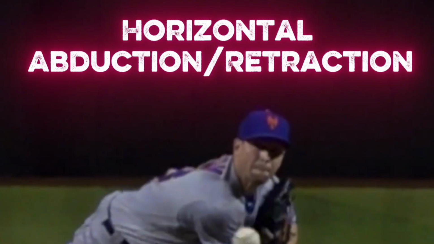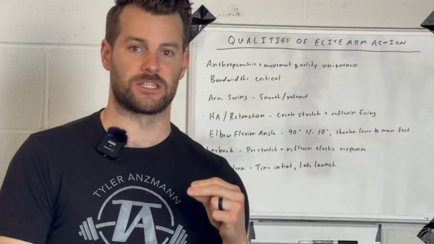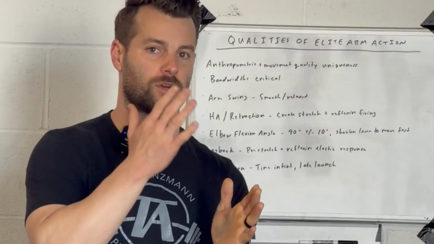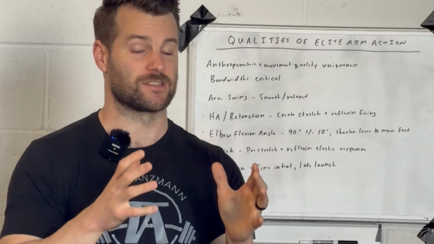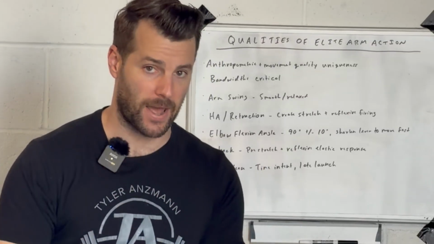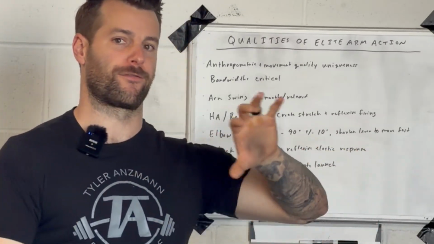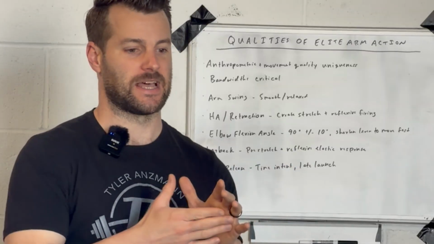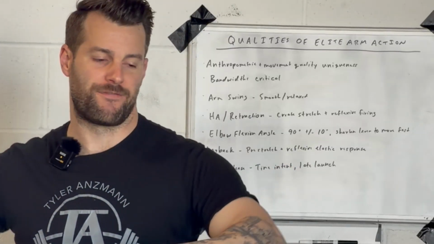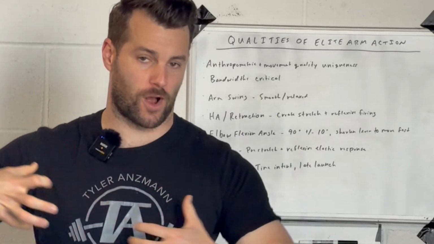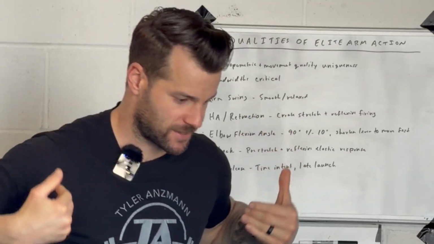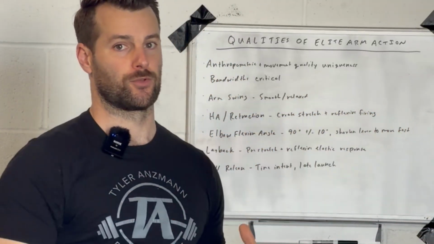Per the research, we know that relatively speaking, greater horizontal abduction angle at foot strike is associated with higher ball velocity. But this is not an absolute kind of thing. What we're looking for from this piece of the puzzle is that at foot strike, we've found a position where we can create a stretch across that shoulder complex that is going to be reflexively fired through the throw.